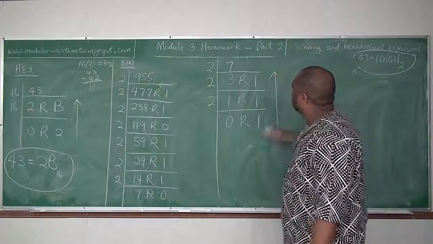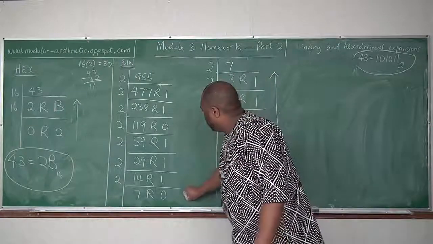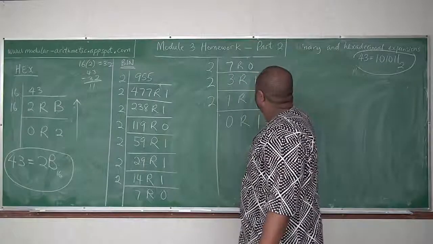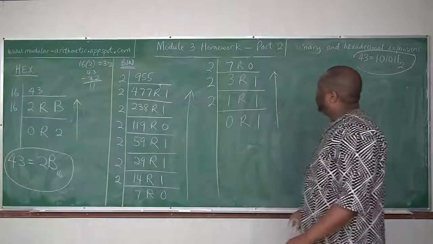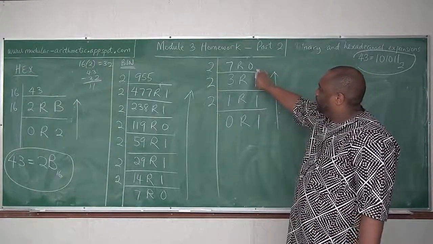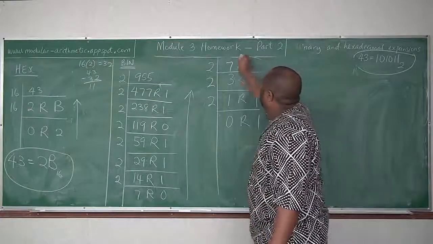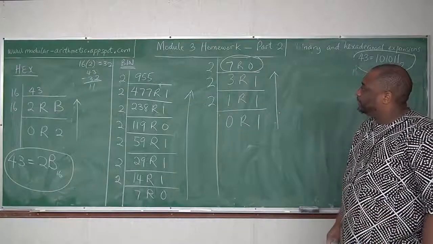Alright, folks, we are going to count up. This is 7. Remember 0. We don't want to count this twice. Don't count it twice.